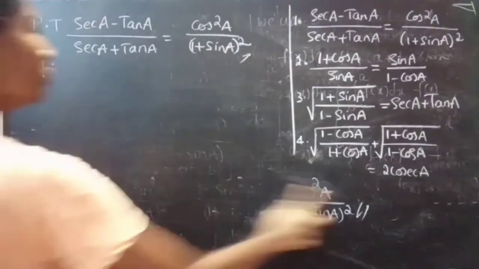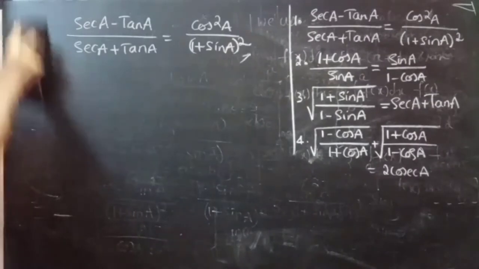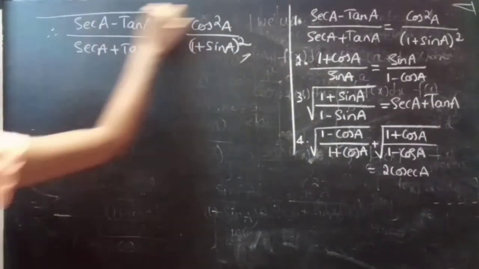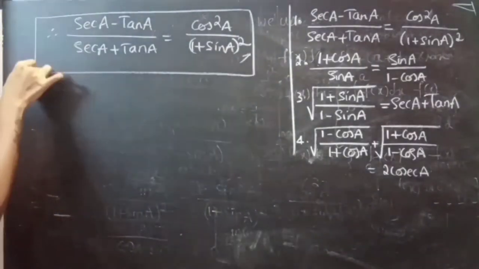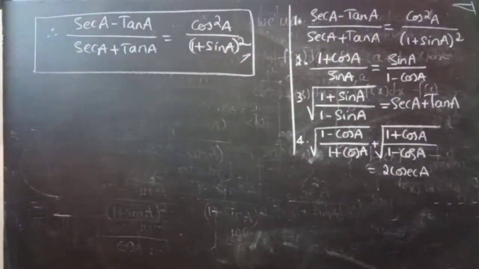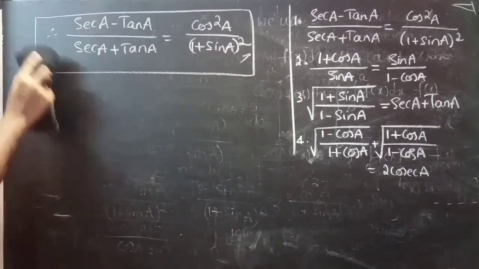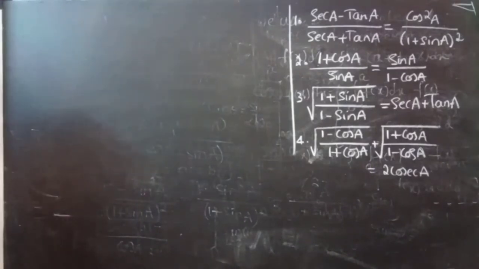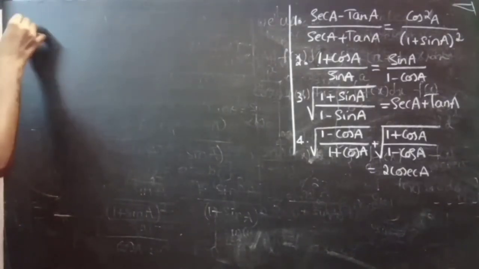So therefore, (secant A minus tan A) by (secant A plus tan A) equals cos square A by (1 plus sin A) whole square. Next, coming to the second identity.